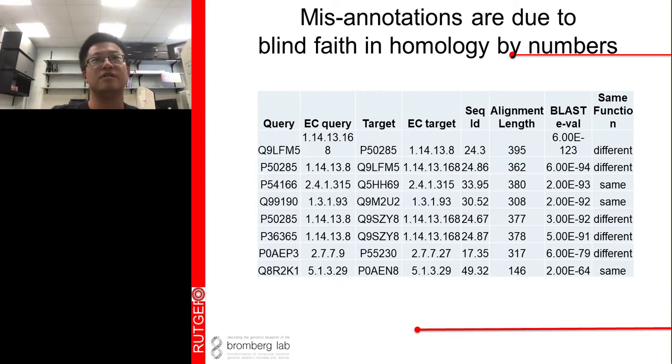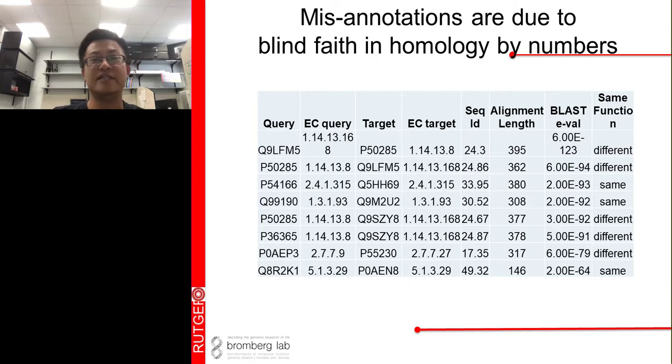I give you an example here. If you focus on the first two lines, you can see that the BLAST E-values are very decent, which indicates that these proteins should share the same function, while in reality, they actually do not have the same function. So what I'm saying is that this function transfer by homology is not always correct.